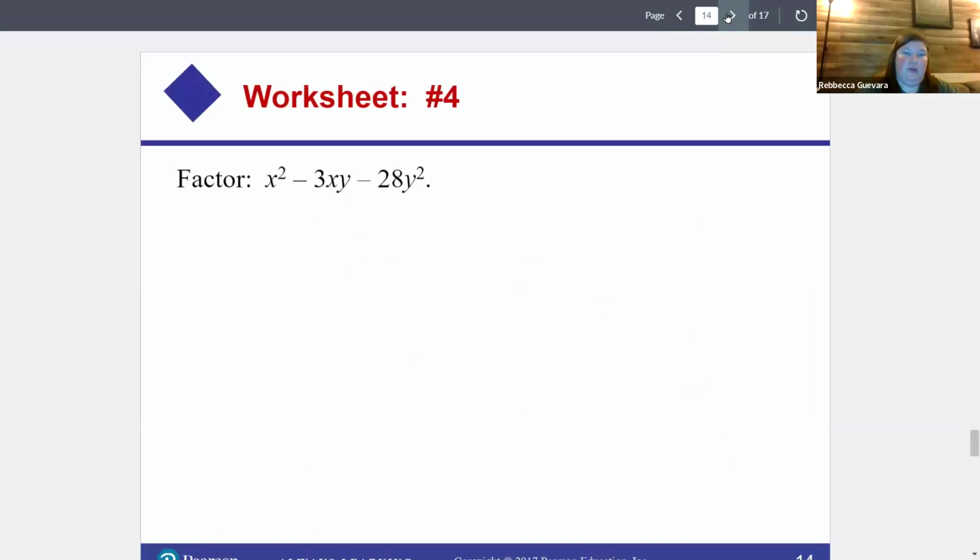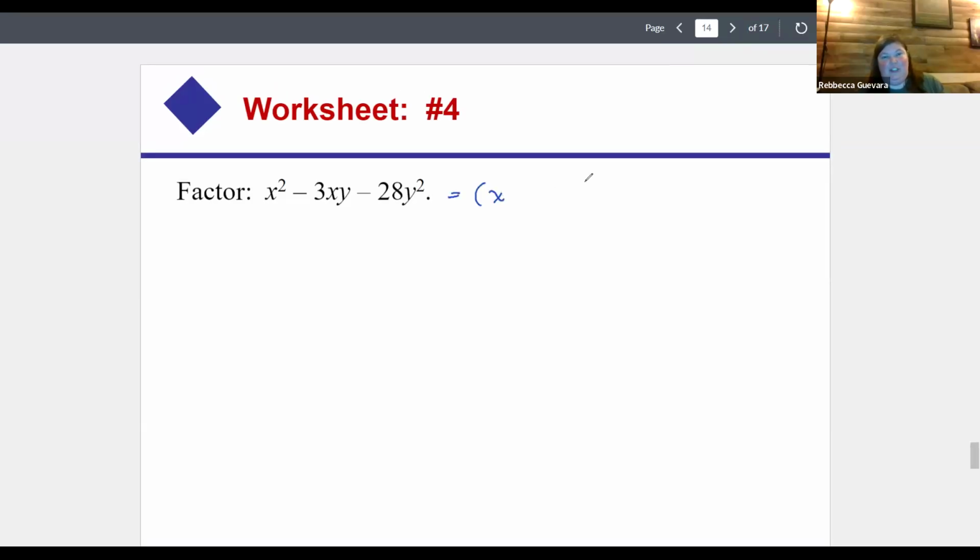So all you guys have to do for now is go through these few problems, 4, 5, and 6. I just want to mention this x squared and this y squared. Don't worry about the x's and y's so much.